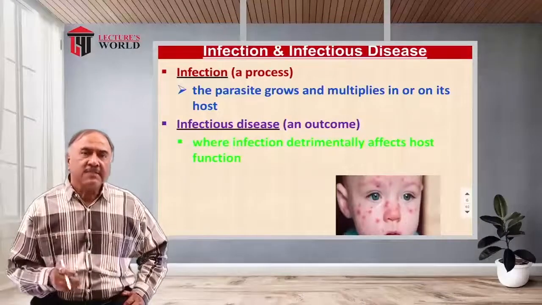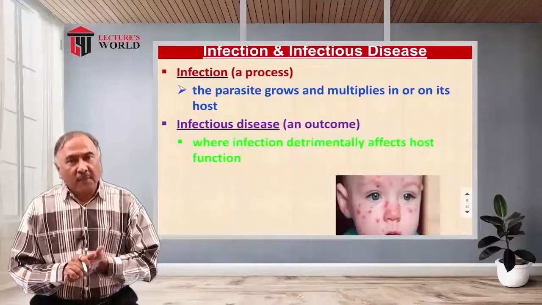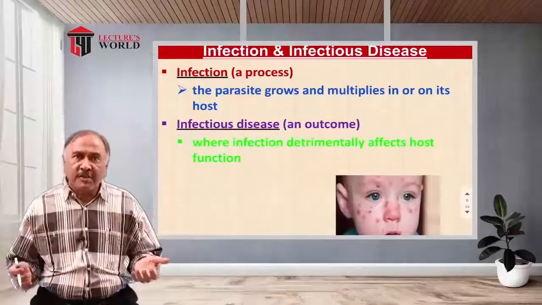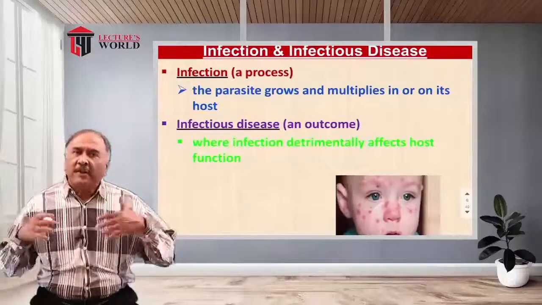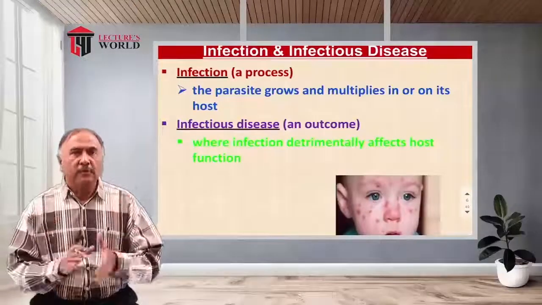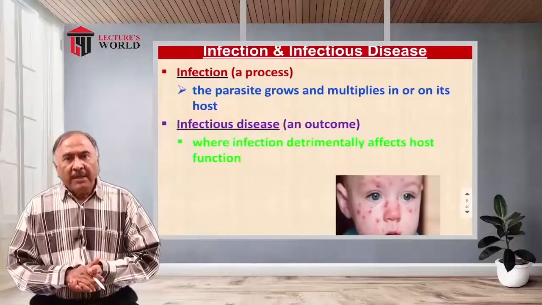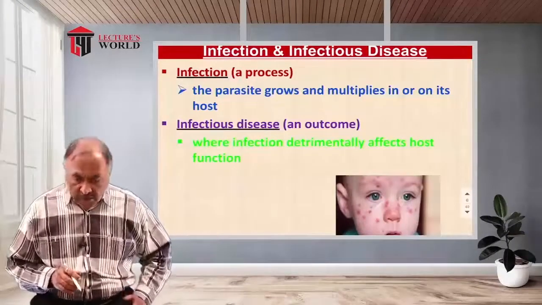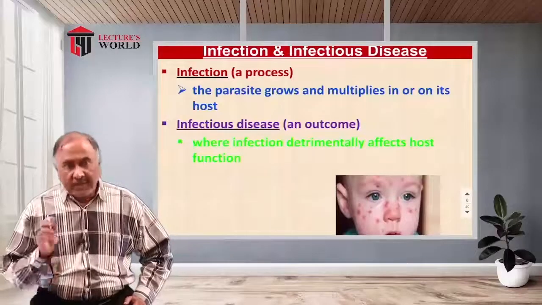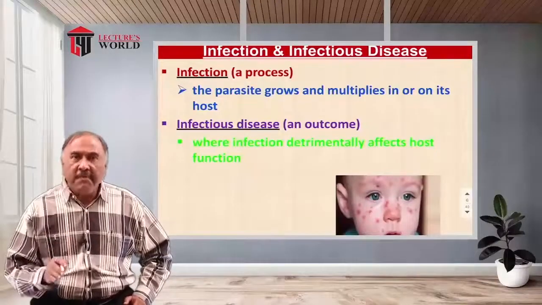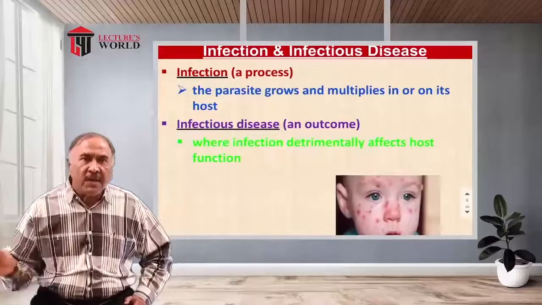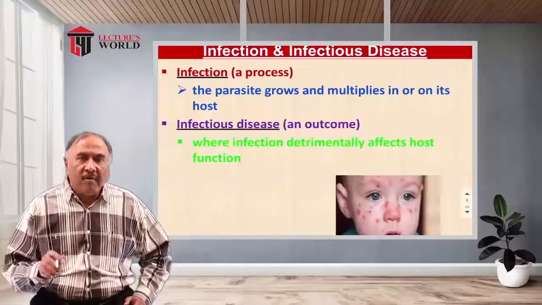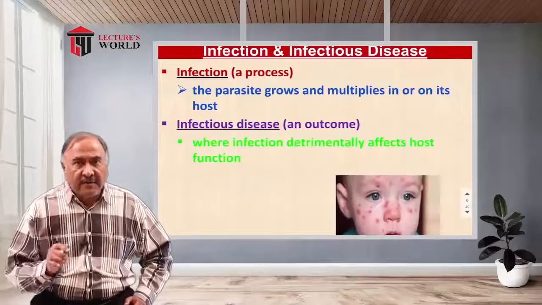As long as these organisms exist as normal flora and do not disturb the function or the structure of the body, they are rather helpful. But if they cause any damage, any detrimental effects on the host, and those effects can be manifested by various signs and symptoms, then that outcome we will call a disease.